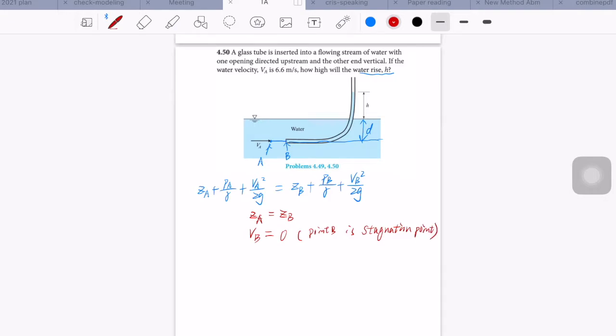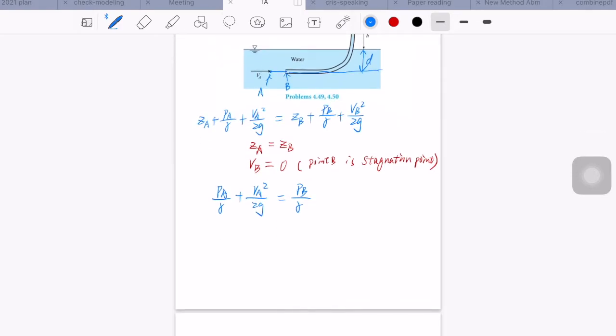And then the Bernoulli equation can reduce to PA over gamma plus VA squared over 2g equals PB over gamma. And then we apply the hydrostatic equation.